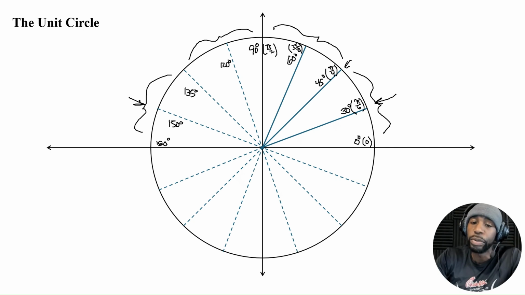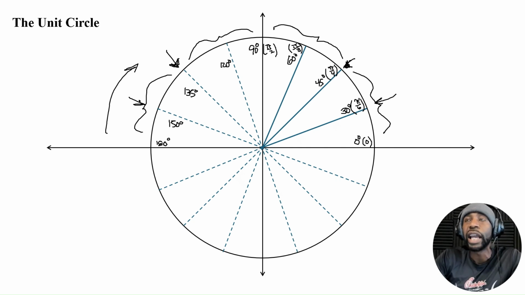Also notice this too. Check this out. If this is pi over 4, we come over to the corresponding pi over 4, which is here. That means we're pi over 4 from the x-axis back over to this point.